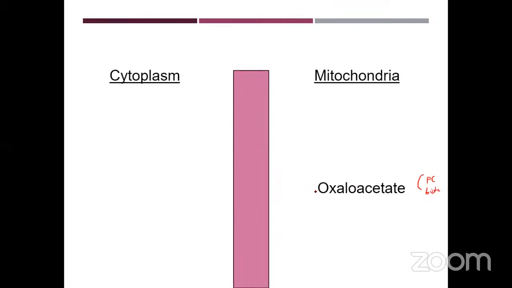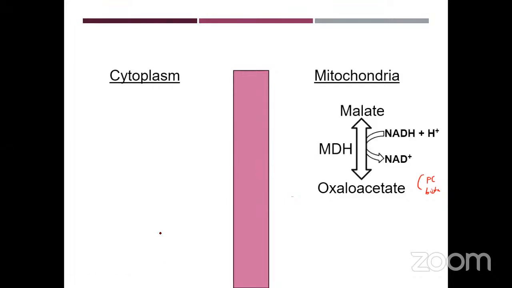If oxaloacetate were permeable, it could simply come out into the cytoplasm and the rest of the reactions could happen. But unluckily, it is not permeable, so it has to be converted to another form which is permeable to the membrane. By malate dehydrogenase, MDH, it is converted to malate.